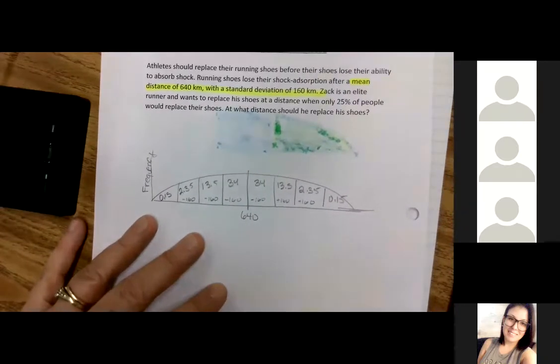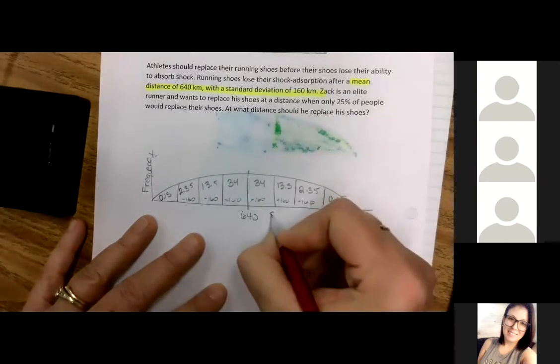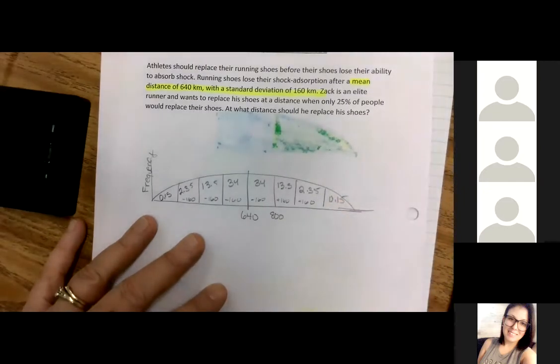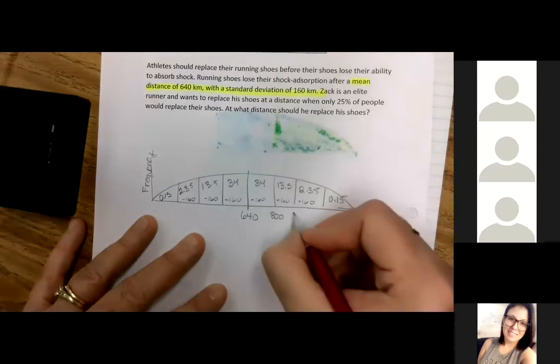Now, 640 plus 160 is 800. Plus 160 should be 960.